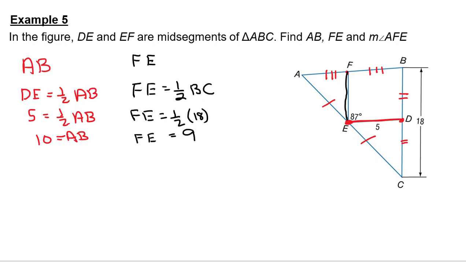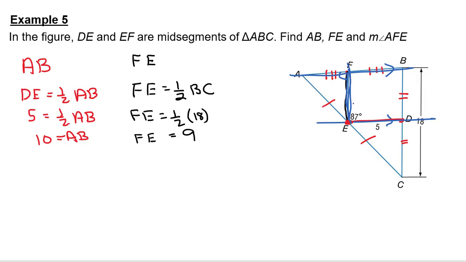And then the last thing I need to find is angle AFE, this angle here. So I have this line, my midsegment. I have AF and ED. We know that those lines are parallel because I have a midsegment.